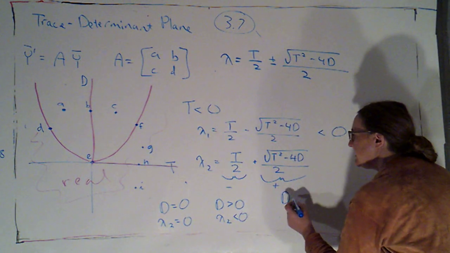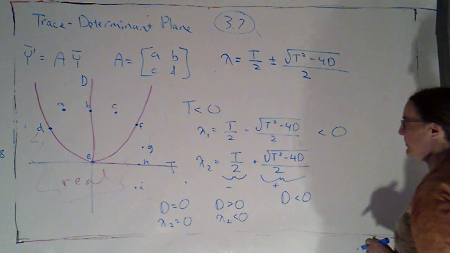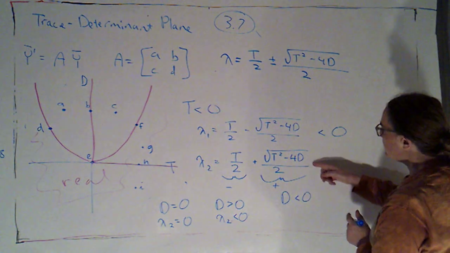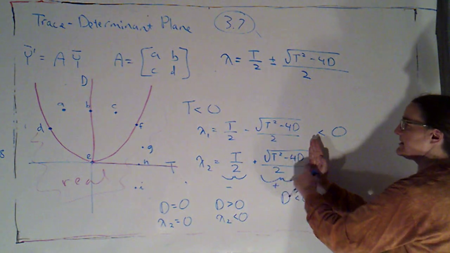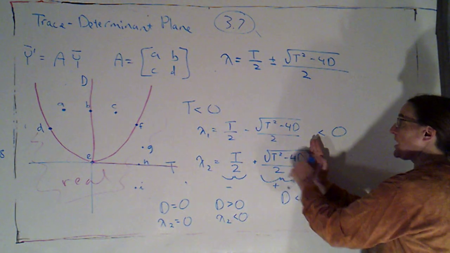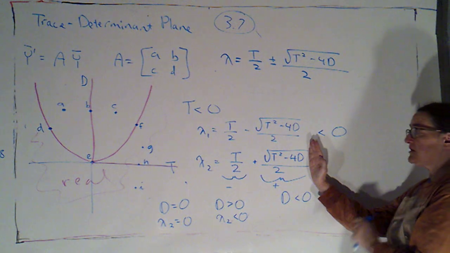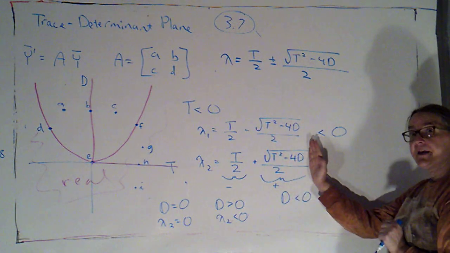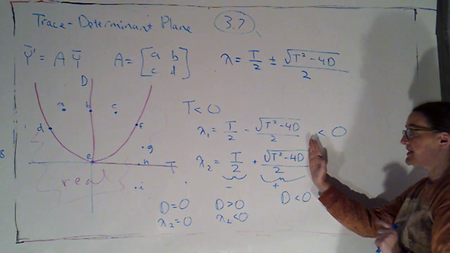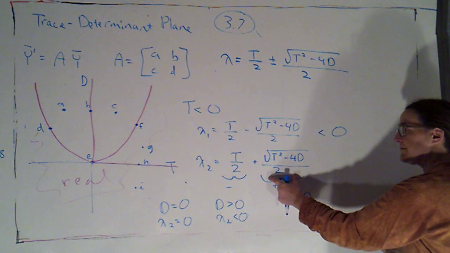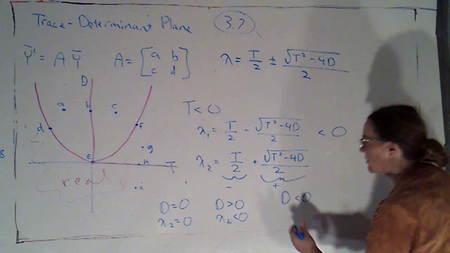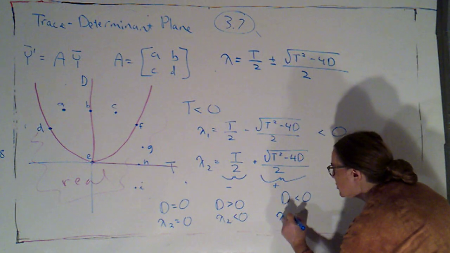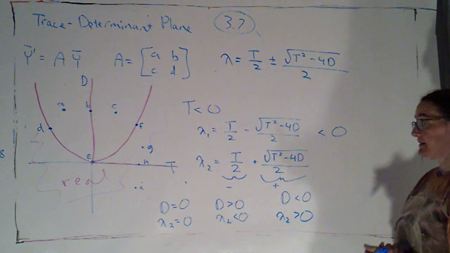If D is less than 0, now subtracting 4D actually makes this bigger. So what's under the square root is bigger than T squared, the square root is bigger than the absolute value of T. So now the positive part is bigger than the negative part, and so we're going to have that lambda 2 is positive.